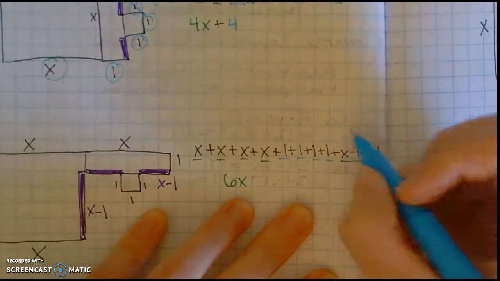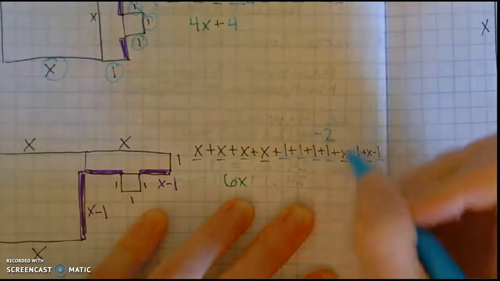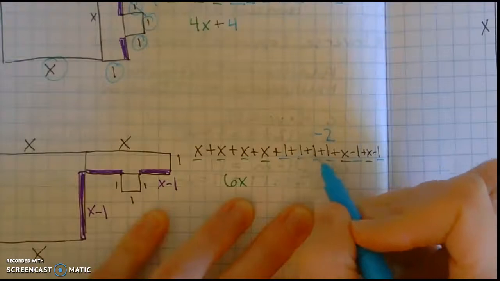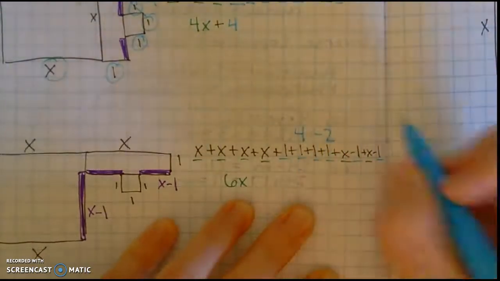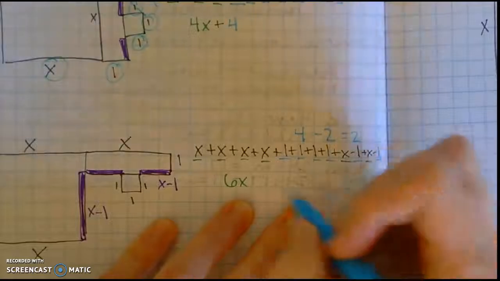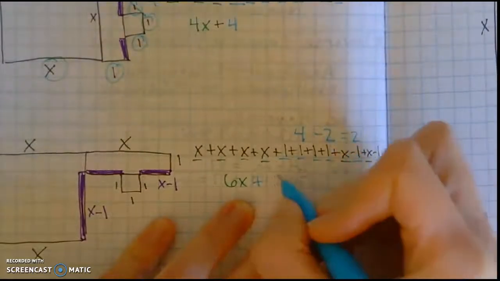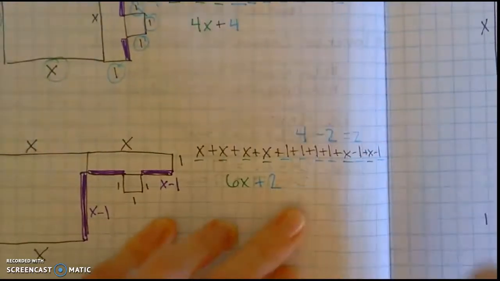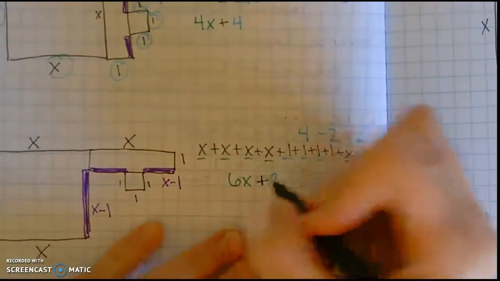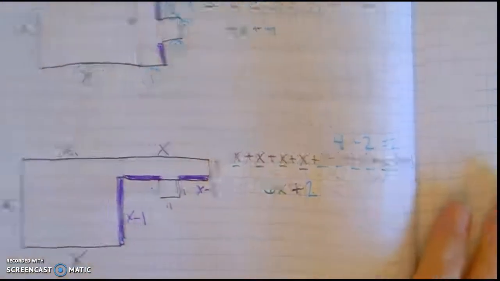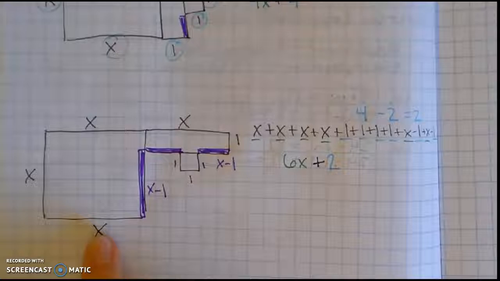So I can combine those, and that's going to be minus 2. And then I have 1, 2, 3, 4 positive ones, and that's 4. So 4 minus 2 equals 2. So I'm adding 2, because it's still a positive number. So I should make this plus. Okay, so this shape here is 6x plus 2.